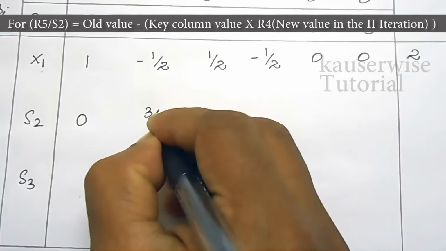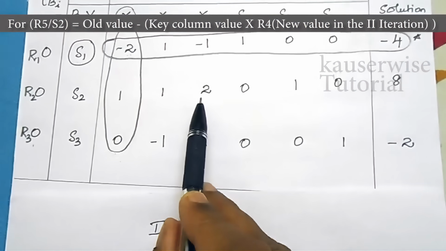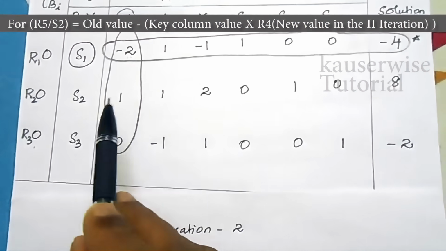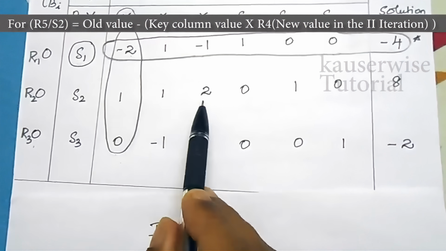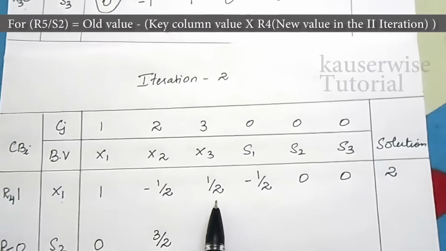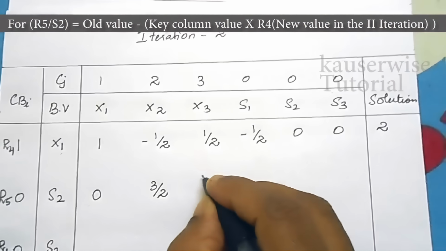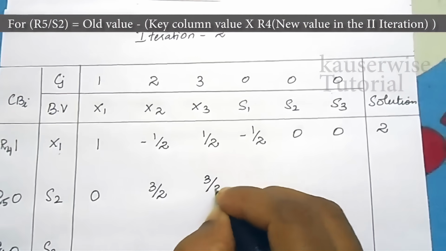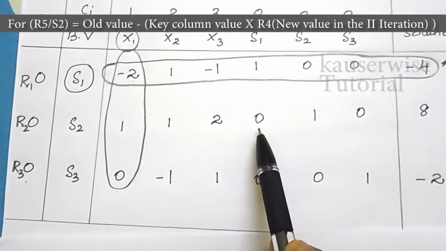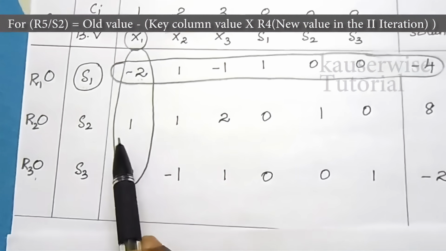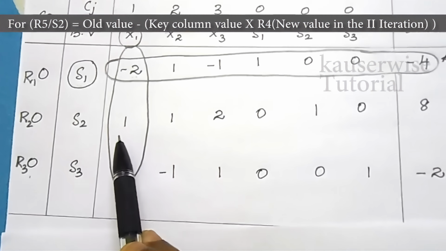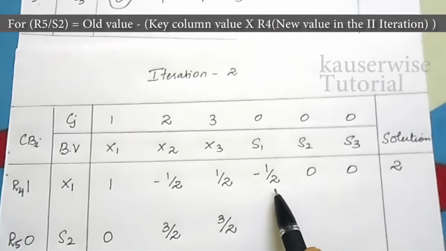3 by 2. For the next one, old value is 2 minus key column value is 1 into new value is 1 by 2. The answer is 3 by 2. Old value is 0 minus corresponding column value is 1 into new value is minus 1 by 2.